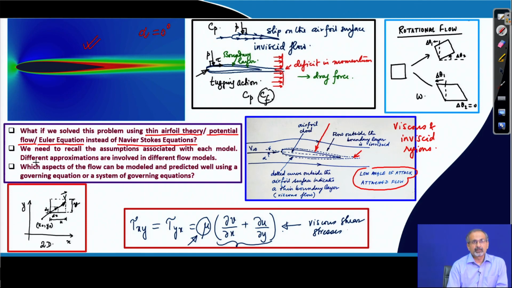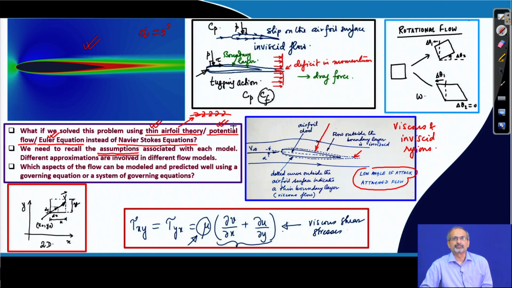There are other questions too. We need to recall the assumptions associated with each one of these models. That means, what were the assumptions we made when we discussed thin airfoil theory, potential flow, Euler equation, etc. For example, in thin airfoil theory, you remember that we had talked about a vortex sheet which we had distributed along the chord of the airfoil, and we said that the airfoil is so thin that even if it does have a camber, it kind of coincides with the chord line.